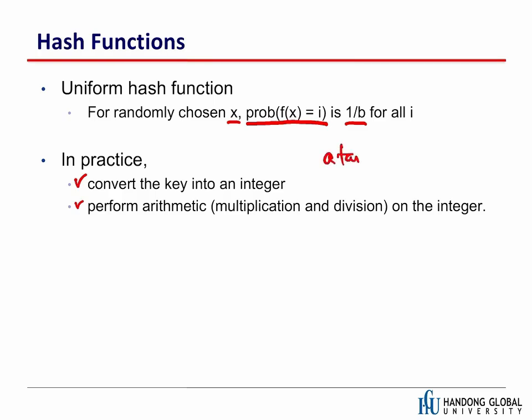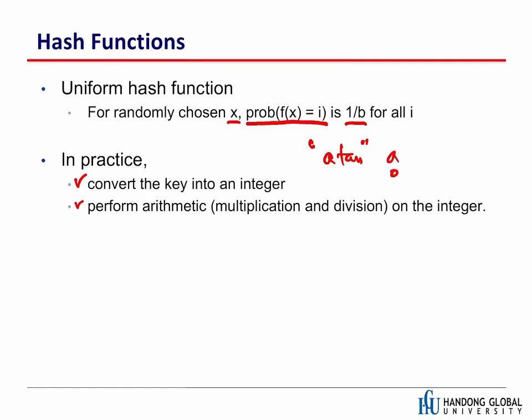If the key is "atangent", then this is a string, not a number. So from this string, we have to make an integer first. There are lots of ways to do that. We'll talk about how to make an integer later, but as a simple method, let me introduce this one.